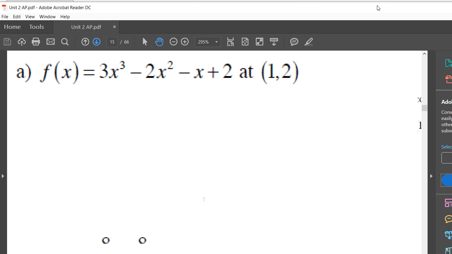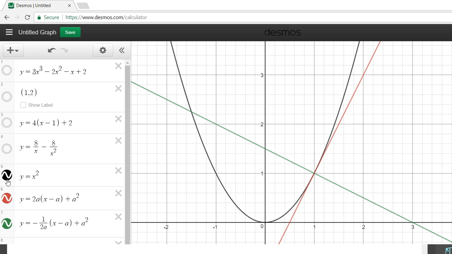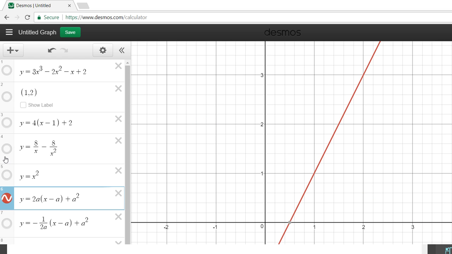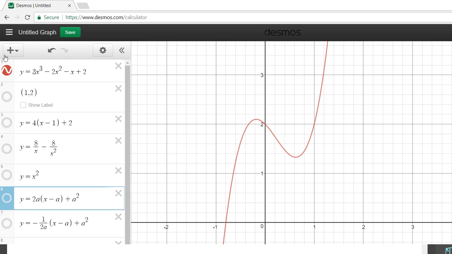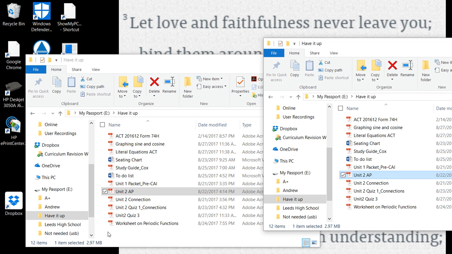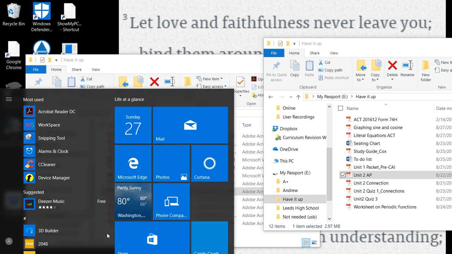So let's see what the curve actually looks like. Our curve looks like this, but we're going to write a tangent line at the point that you see right here. We can imagine what it looks like, but we still have to write a tangent line for that.